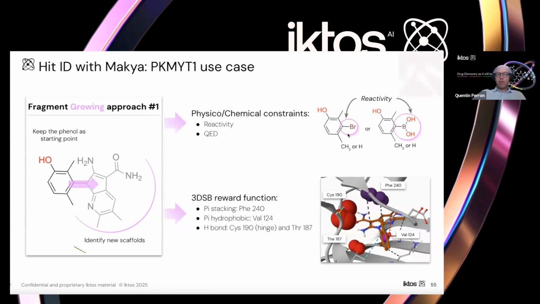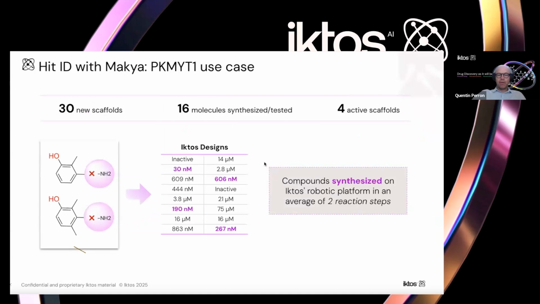So the starting points were the following: either a bis-methyl or a monomethyl with a bromide to perform some sort of coupling, or with boronic acid. We wanted at the same time to have pi stacking with some amino acids, pi hydrophobic, H bond, etc., in order to maximize key interactions, keeping a similar shape, but obviously having a totally different scaffold.